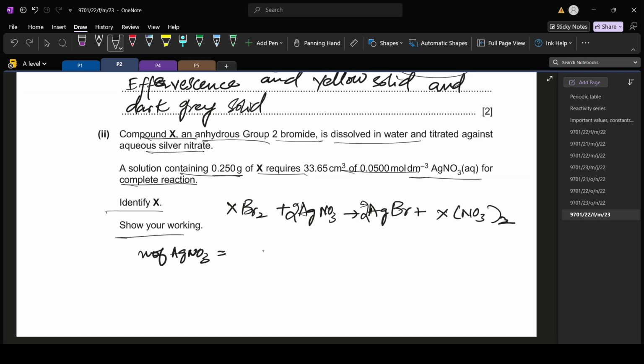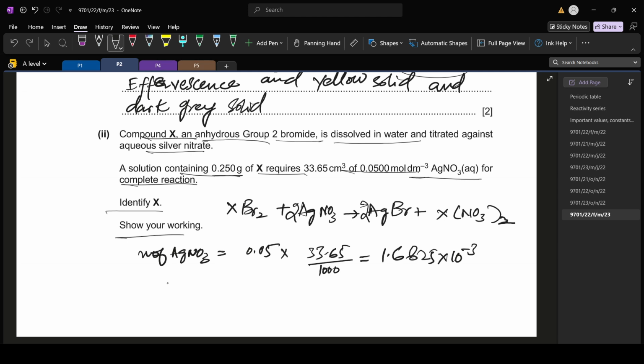Okay. So it's actually C = n/V = CV. So you have concentration equals 0.05 multiplied by 33.65, but divided by 1000 because you have to convert it into dm cube. Okay, so it will form 1.6825 × 10^-3.